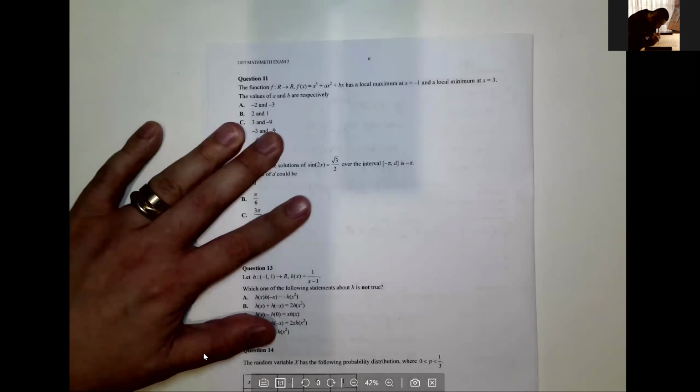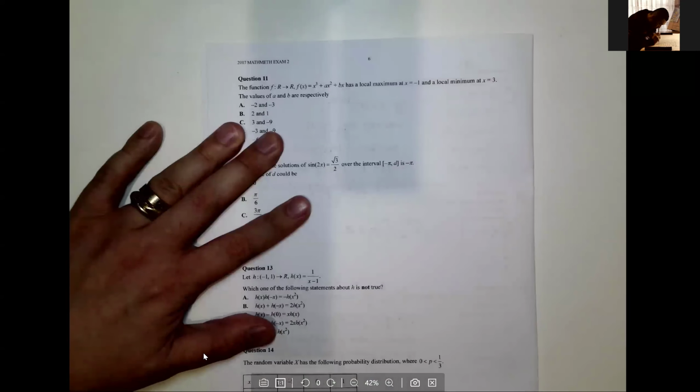But to get the question done more efficiently, I'm going to define the f of x. So if you define a second function, it will override the previous one you defined. So x cubed plus a x squared plus b times x.